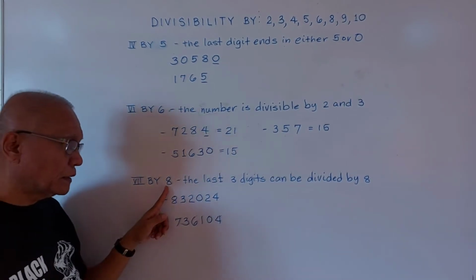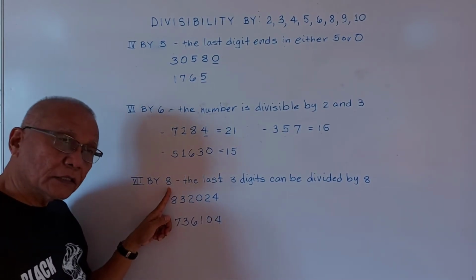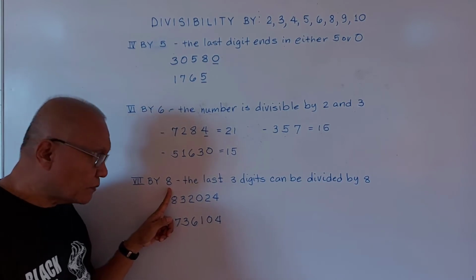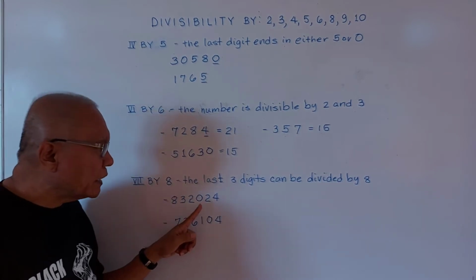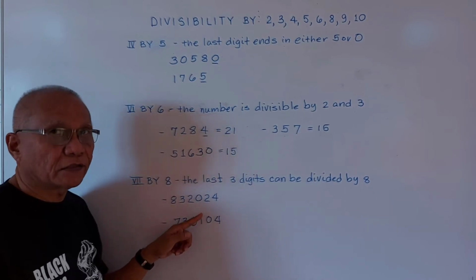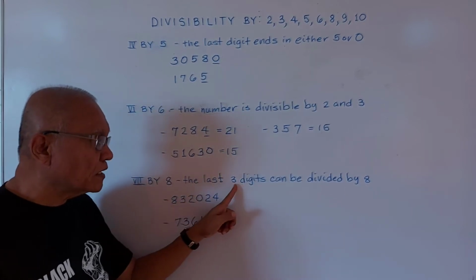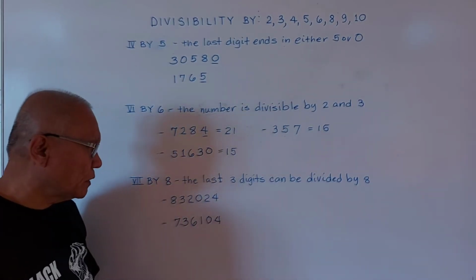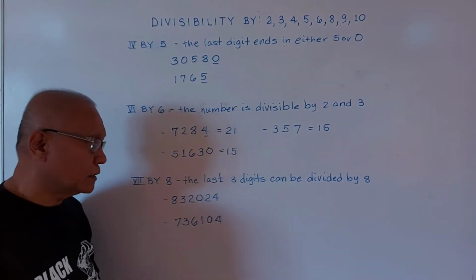Divisibility by 8. For 8, it's almost the same as divisibility by 4, except that we are going to take the 3 last digits. So if the last 3 digits can be divided by 8, then our number is divisible by 8.